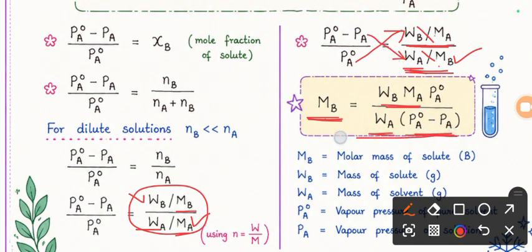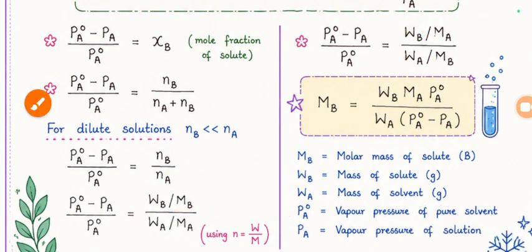This is the final formula to calculate molar mass of solute, where MB is molar mass of solute, WB is mass of solute, WA is mass of solvent, P naught A is vapor pressure of pure solvent, and Pa is vapor pressure of solution.